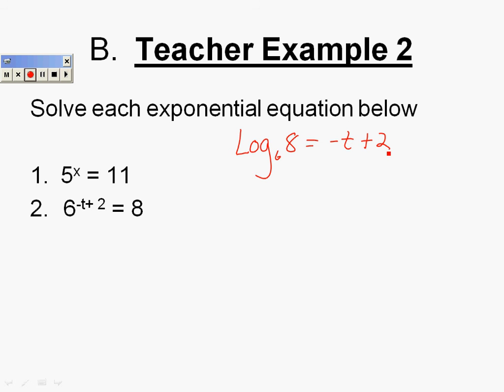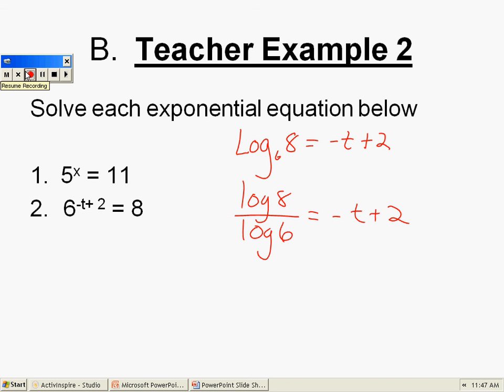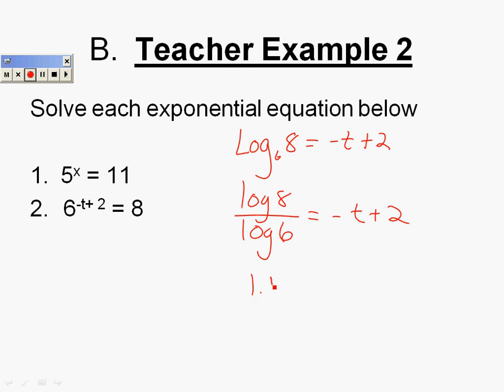So it's going to be log base 10 of 8 over log base 10 of 6. On the left side, that is. And let's use our calculators there. What's log 8 divided by log 6? 1.16 equals negative 2 plus t.